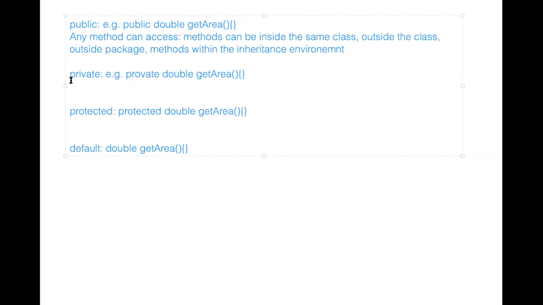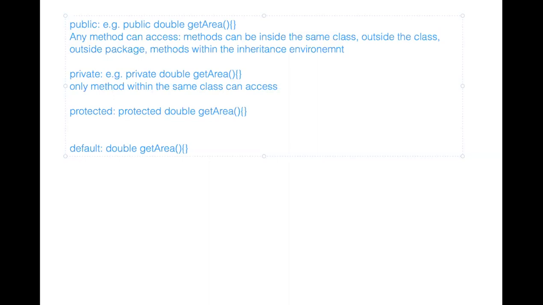So for the private method, only methods within the same class can access. Okay, so private has a very, very limited accessibility.